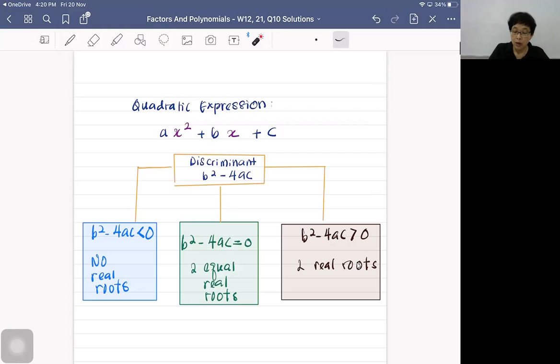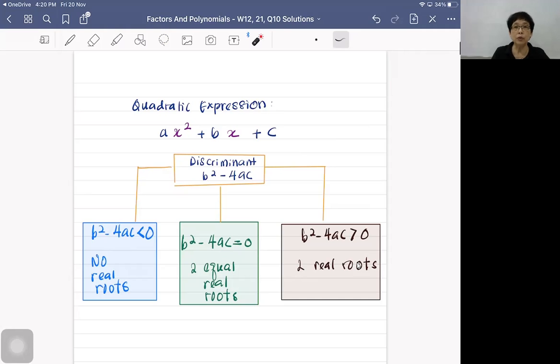And when we substitute a, b, and c into the discriminant, if we get a value that is positive, bigger than 0, we conclude that the quadratic has two real roots. And on the last test, if we substitute a, b, c respectively, and we get the discriminant as a negative value, less than 0, then we know that it has no real roots.